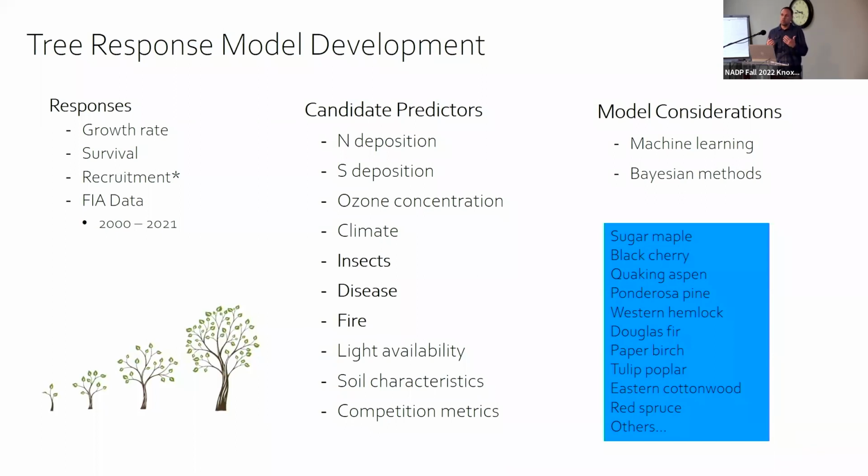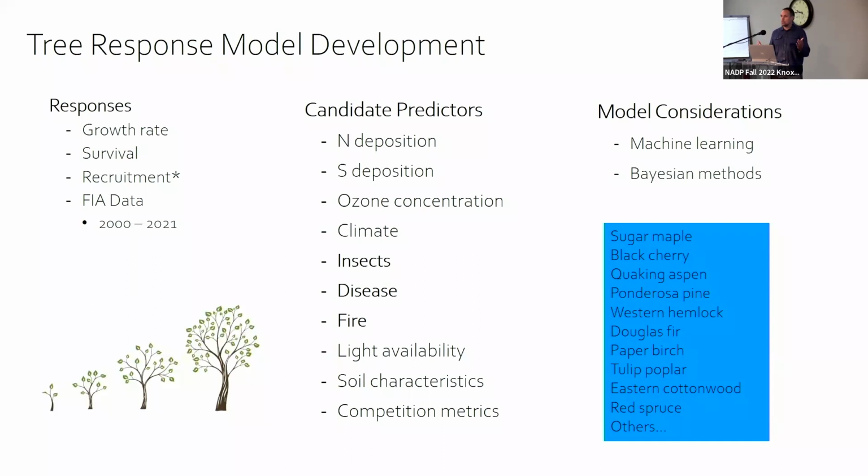A lot of the feedback we got was, these are Western parks where a lot of these disturbances are quite prevalent, so where's the disturbance? Where are these acute disturbances? And we had to say, well, they're not in there. So this is a really important part of this modeling, to be able to include these aspects of disturbance and have a fuller picture of how these trees are responding to different drivers.